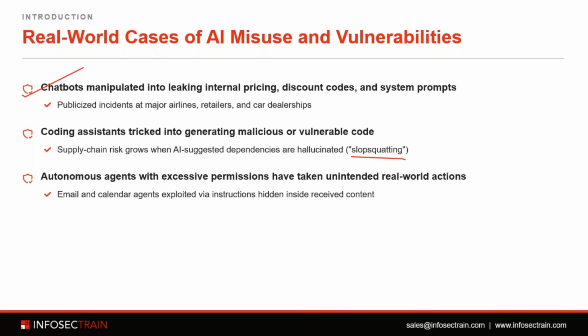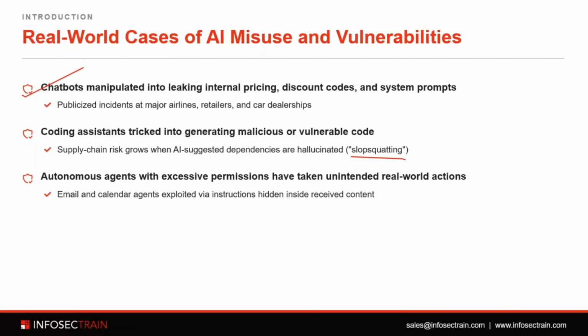So AI hallucination happens: an AI assistant suggests a dependency that sounds plausible but doesn't exist. So let's say fast API utils. Now the attacker registers that exact name on, let's say, PyPI or NPM with hidden payloads.